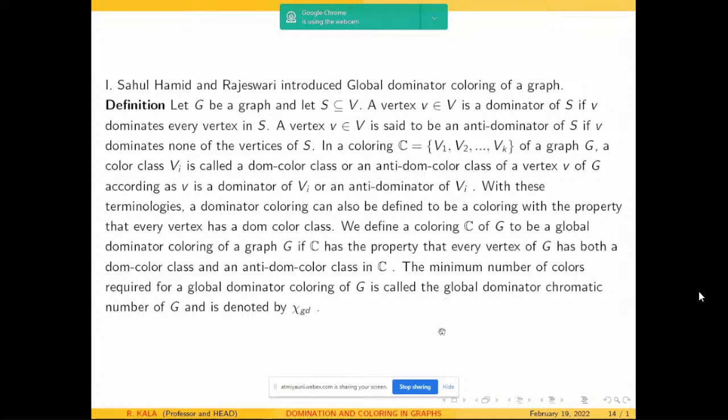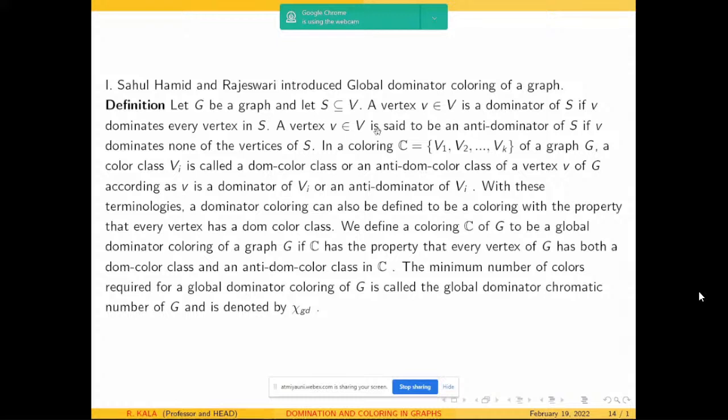It is called global dominator coloring. So in some way similar to global domination, you define this global dominator coloring. A single vertex V is a dominator if it is adjacent to every vertex of the set S. Similarly, you define a parameter called anti-dominator.